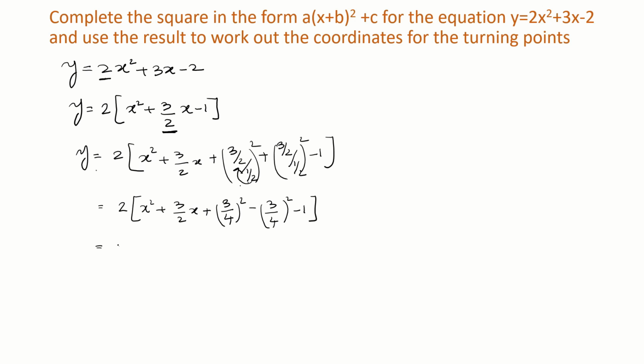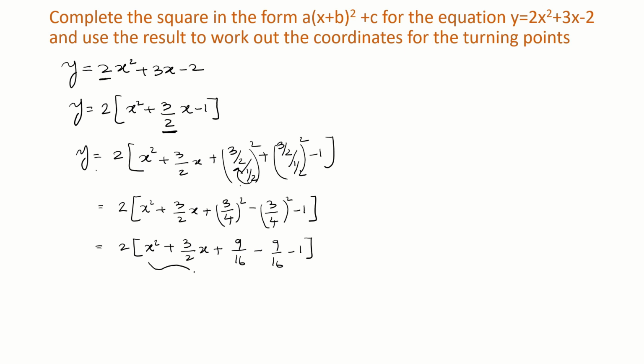Equating this, we get x squared plus 3 by 2 x plus 9 by 16 minus 9 by 16 minus 1.